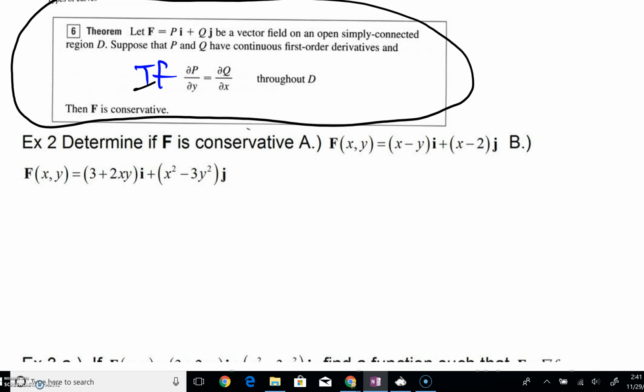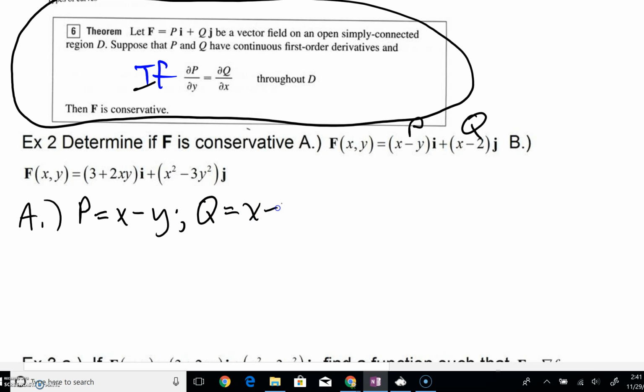Some problems you're going to have are nothing more than determining if your function F is conservative. So let's look at letter A. Here's your P and your Q: P is equal to x minus y, and Q equals x minus 2.